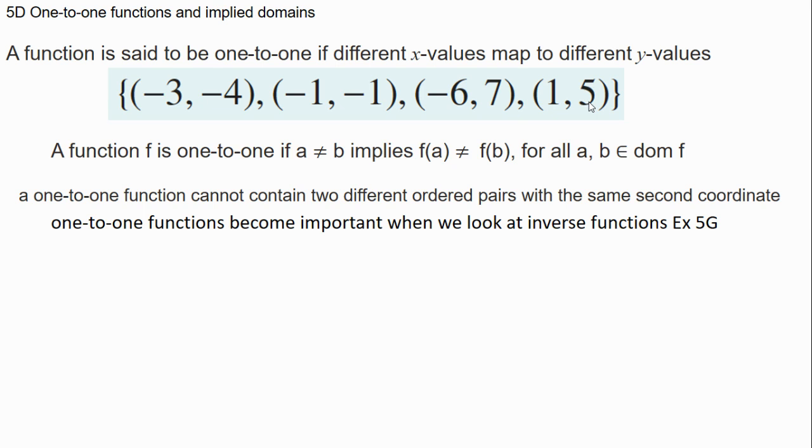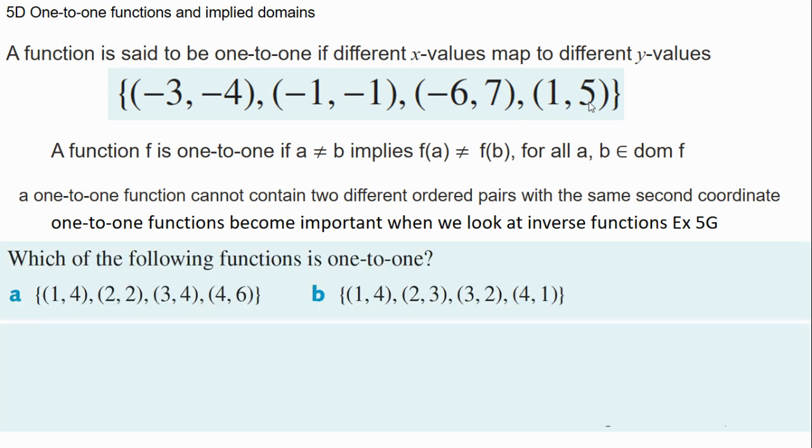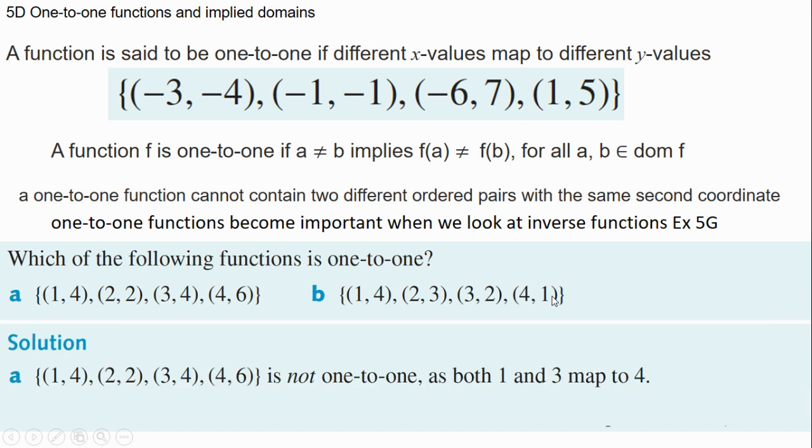And when we look at inverse functions later on in this chapter, we'll need to know a little bit more about 1-to-1 functions. So which one of the following is 1-to-1? So let's say we've got a 4 there, 2 there, 3 there, 6 there, 4 there, 3 there, 2 there, 1 there. Not a 1-to-1 function, as both 1 and 3 map to 4.